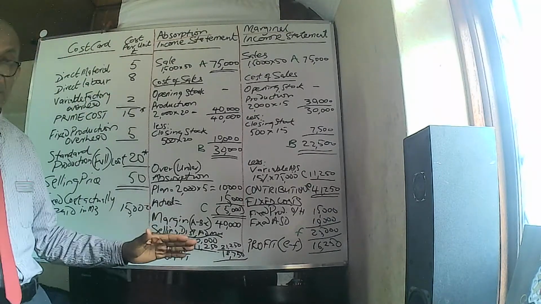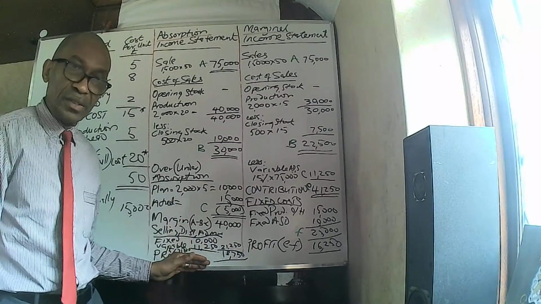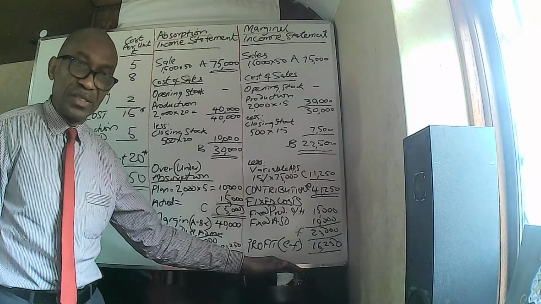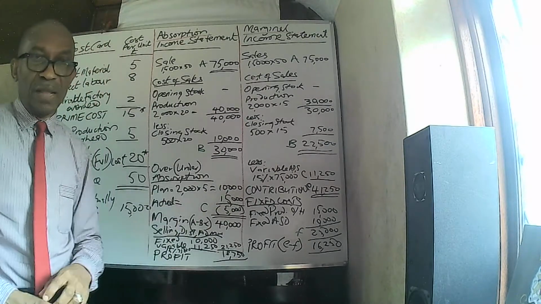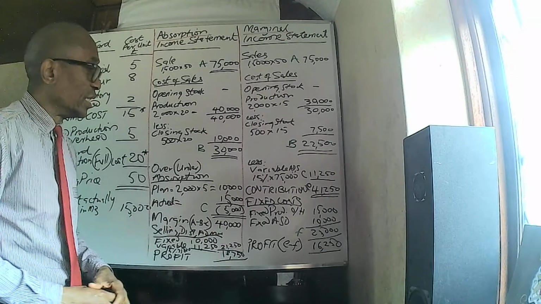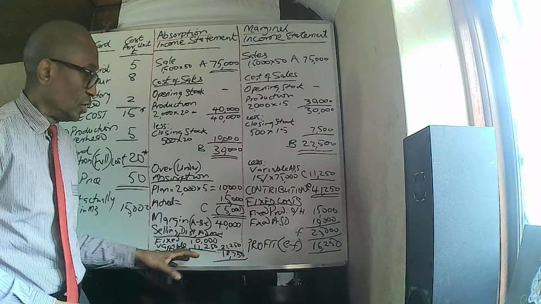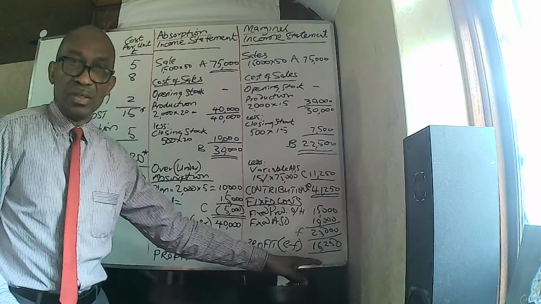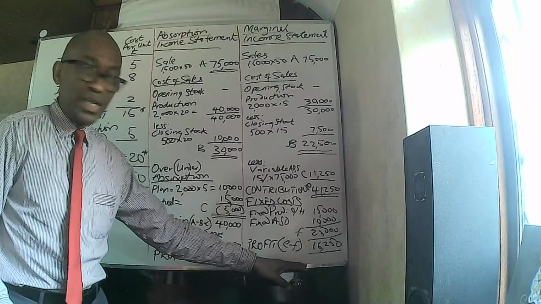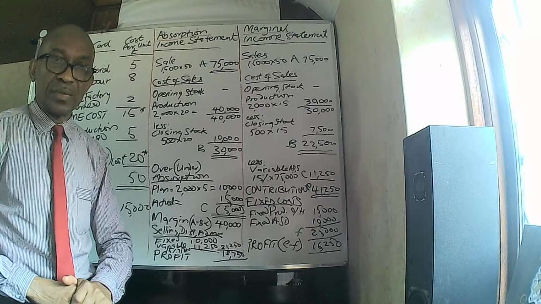These two figures can be reconciled, but this I will do in my next lesson. So watch out for my next lesson, where I will perform the calculation necessary to reconcile the profit from the absorption costing to the profit of the marginal costing system.